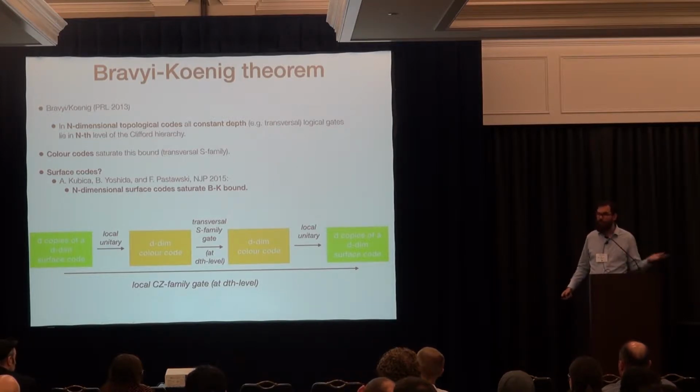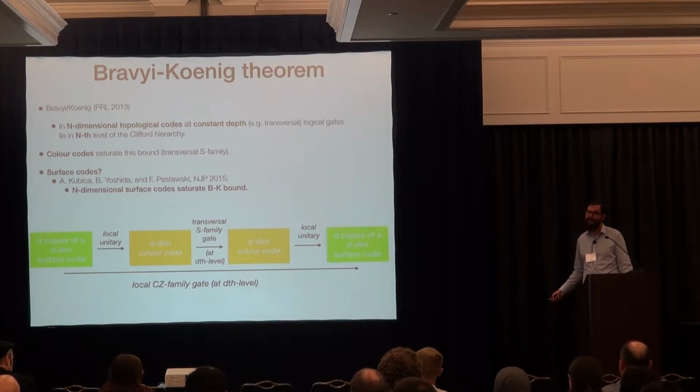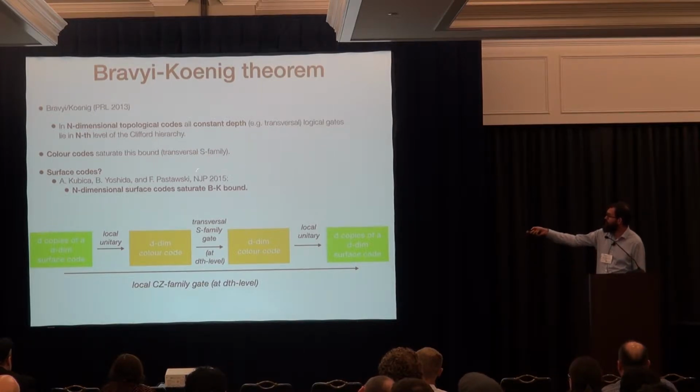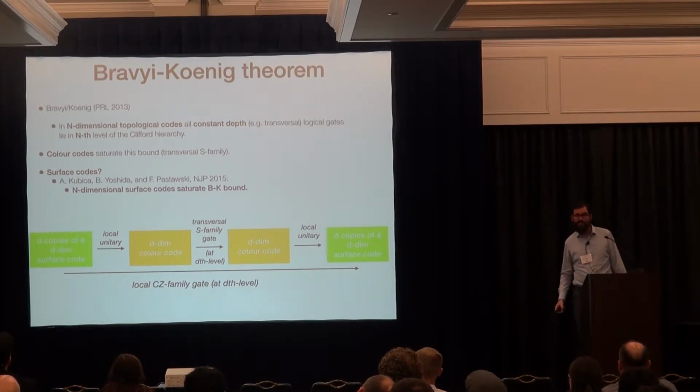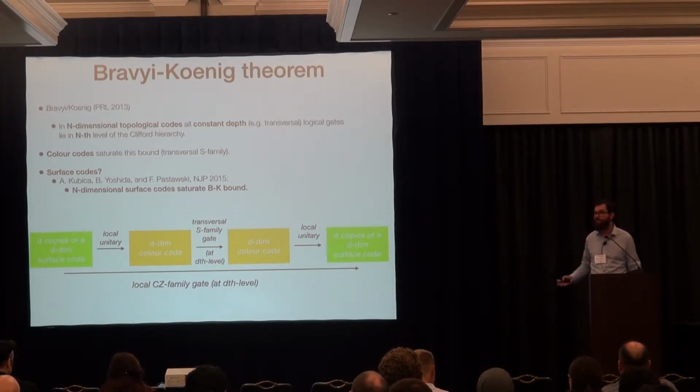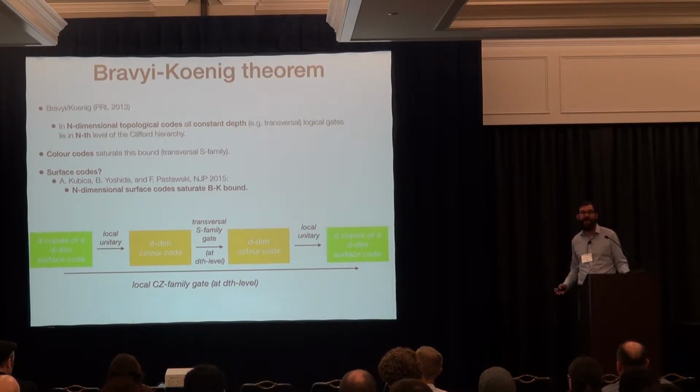So it begs the question, well, what about surface codes? Do surface codes have a similar phenomenon? And this was an open question for a long time, because for a long time the main surface code that was studied was the 2D surface code, where we know that there's a transversal CNOT gate and transversal Pauli gates, but not much more.